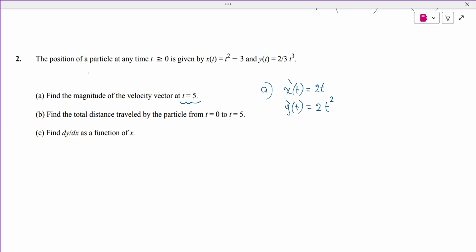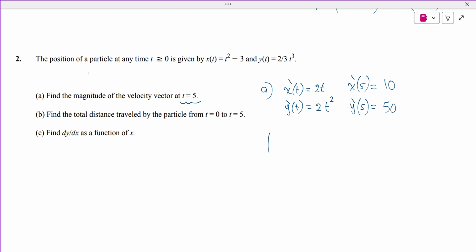Okay, so x prime of 5, we are finding the velocity at t equals 5, and that would be 2 times 5, which is 10, and y prime of 5 would be 2 times 5 squared, which is 50, okay? So we are substituting those values.